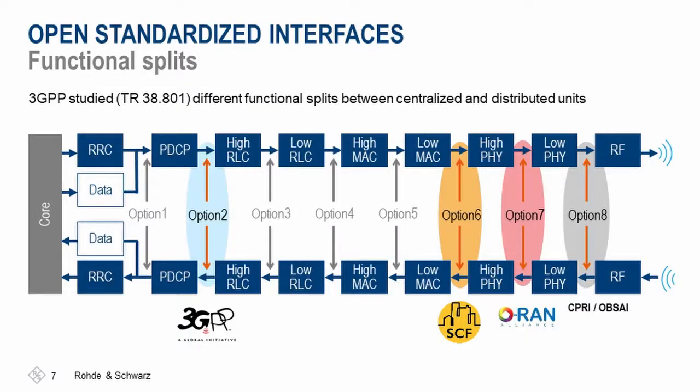Going forward, let's look at the open standardized interfaces. So the industry is moving towards open and standardized interfaces. So here the 3GPP studied in the technical report 38.801 the different possible functional splits between the centralized unit and the distributed unit.